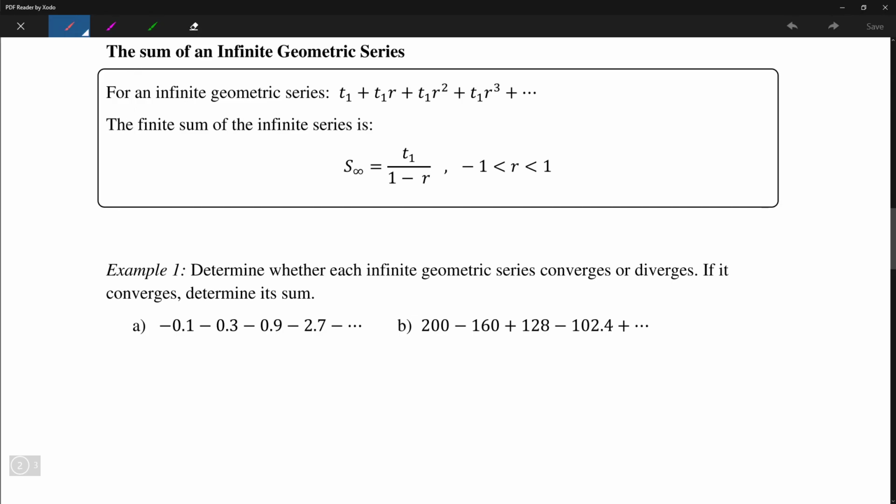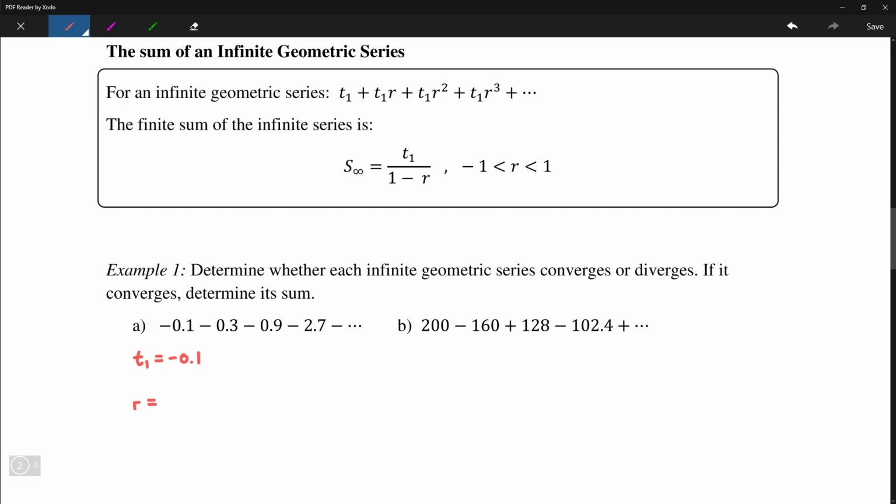Okay, so let's look at the geometric series A and B in example number 1. So we have -0.1 and then -0.3, -0.9, -2.7, and so forth. So we know that the first term is equal to -0.1. And we want to find the r value because in order for there to be a sum, the r value must be between -1 and 1.